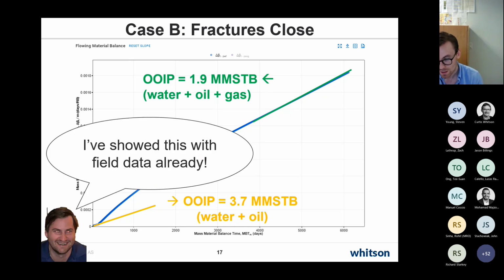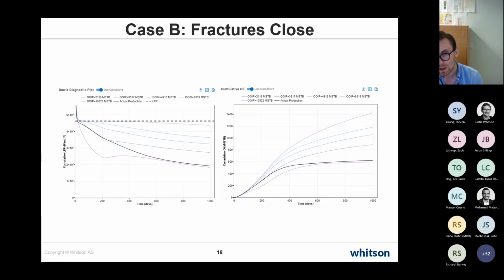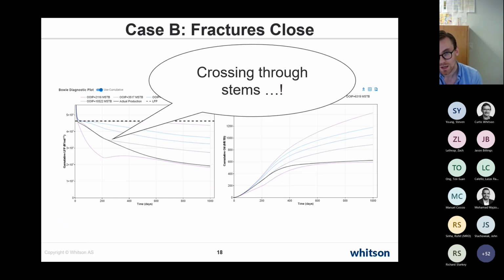And this is exactly what Stephen has already shown in the previous slides. If you bring this into a numerical RTA exercise, you'll hug the correct oil in place line initially, but then it will cross through different stems and in the end go through a stem that has an associated OIP that's much smaller.